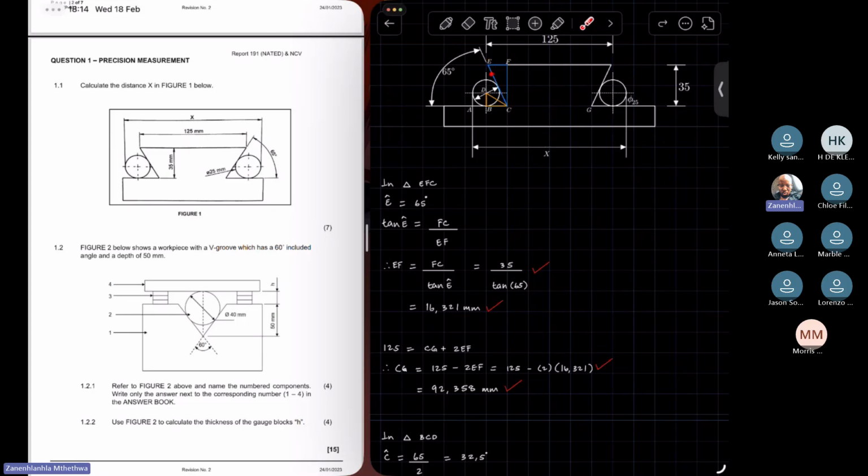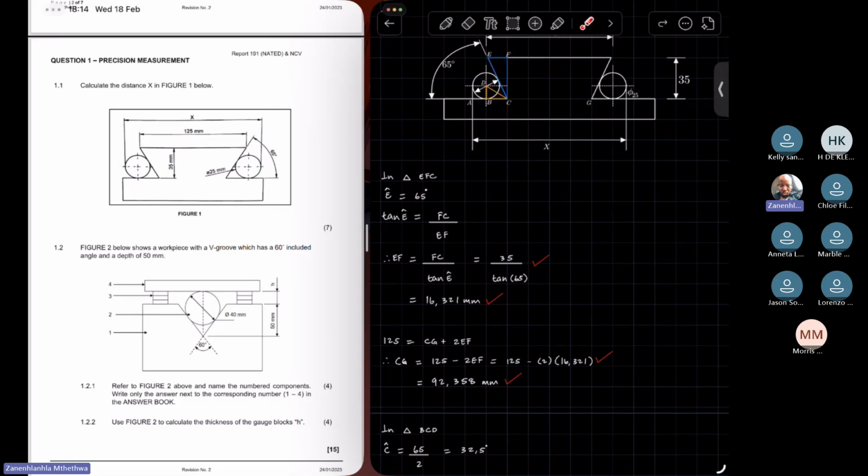I used the angle E, which we've just established is equal to 55 degrees, seeing that this angle alternates with this one, which we are given as 65 degrees. And then I calculated EF. Bearing in mind that the angle I'm using is here, the side I'm looking for is adjacent to the angle I'm using, and then I have a side that is opposite the angle, which means I can only make use of tan in terms of which trig ratio is convenient for us to use here.